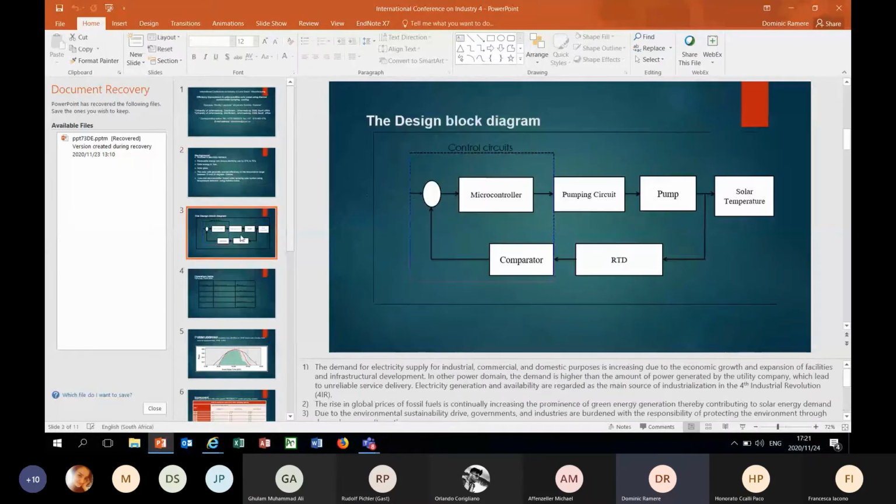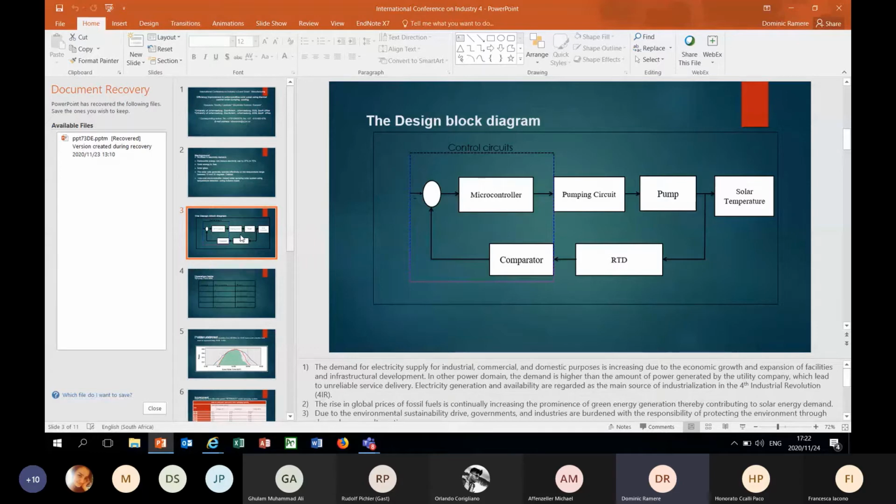On this design, it has a control circuit. On the control circuit, we have the microcontroller and the comparator. The comparator compares the temperature against the range between 15 and 35 degrees Celsius.